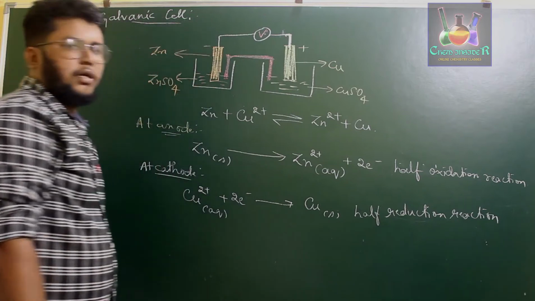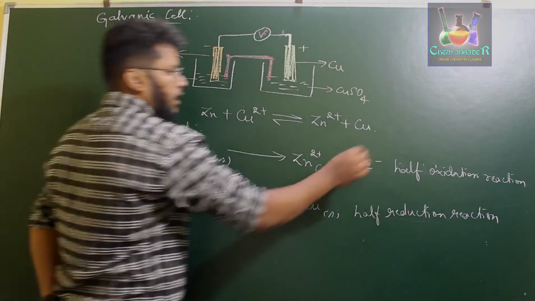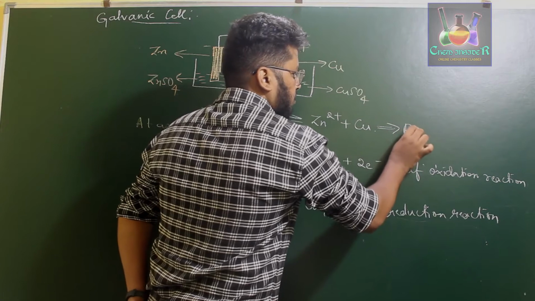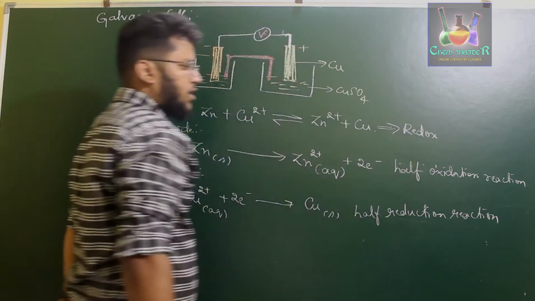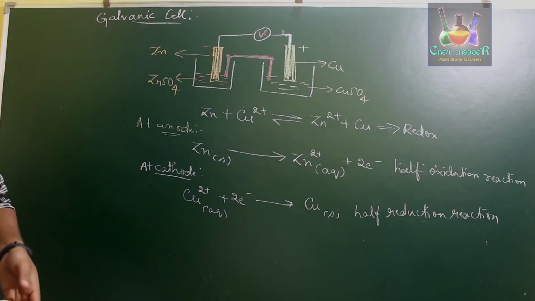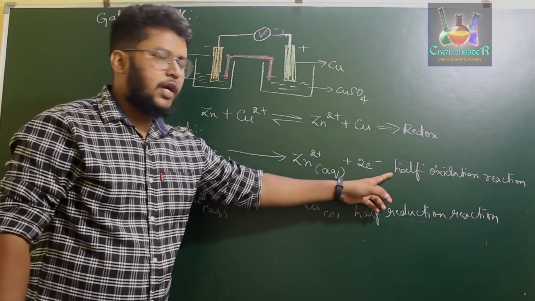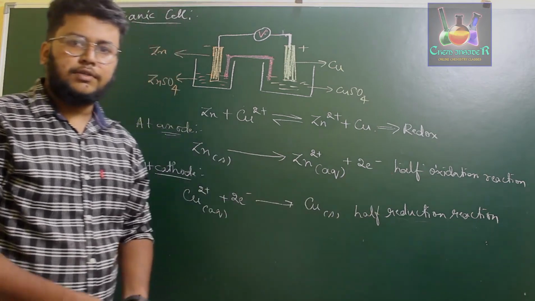Both these two combine to form the redox reaction. So this is a redox reaction. In a Daniell cell we observe a half oxidation reaction and a half reduction reaction.